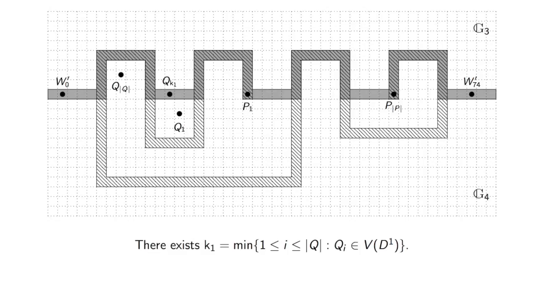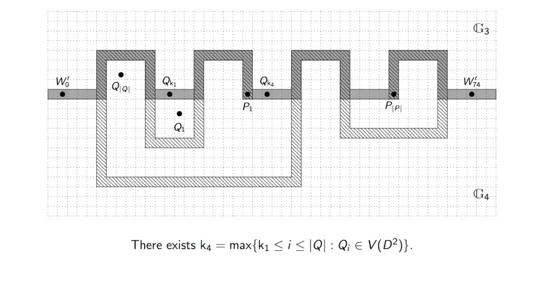Now in order to leave the interior of the dual segment D1, the path Q intersects with D1. Let K1 be the index of this first intersection. In order to enter the interior of the dual segment D2, the segment of Q from K1 to its last position has to intersect with the dual segment D2.